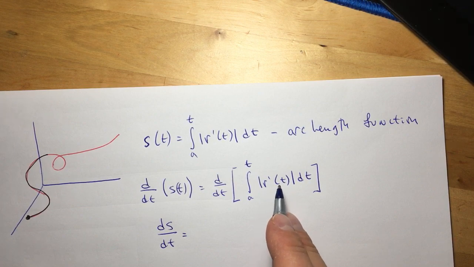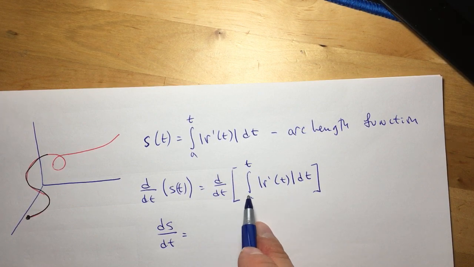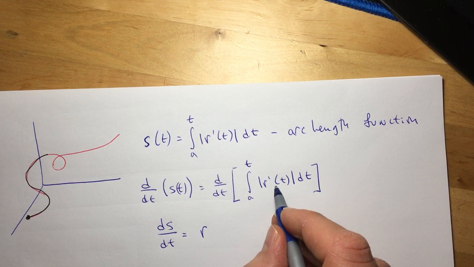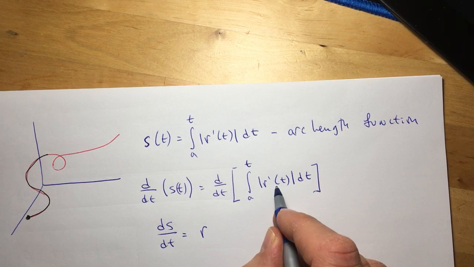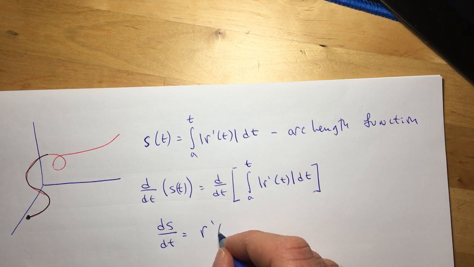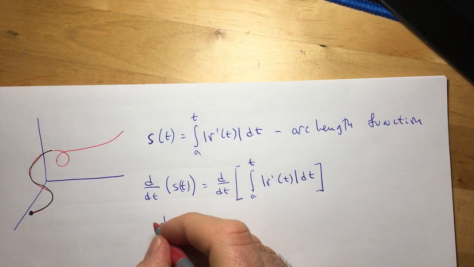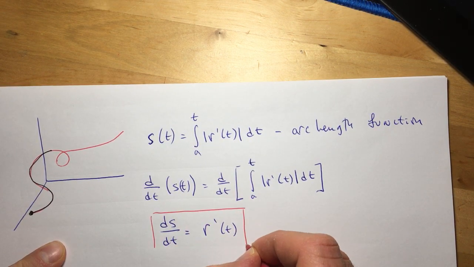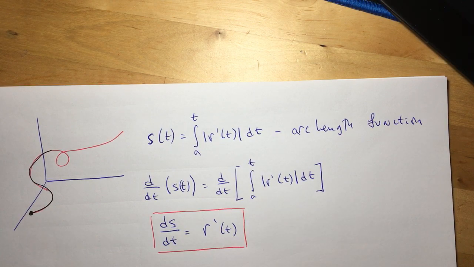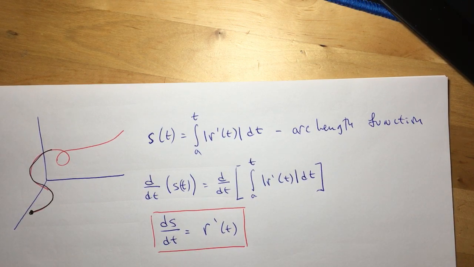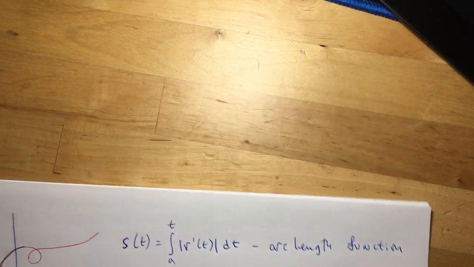I hope that you remember. This is just the derivative of the integral, which brings us back to the integrand, the function itself, the magnitude of r prime of t. Again, a very useful expression that we're going to see later on.